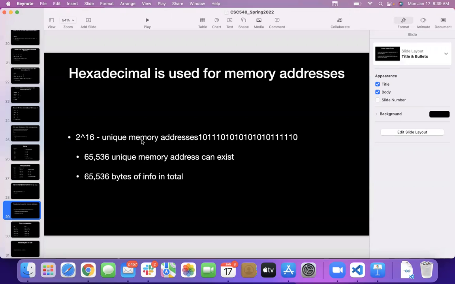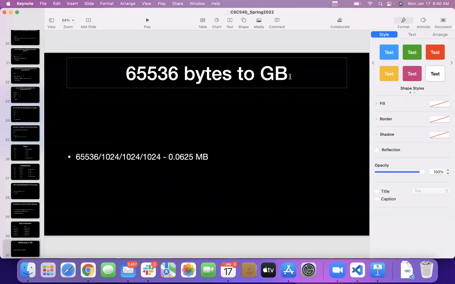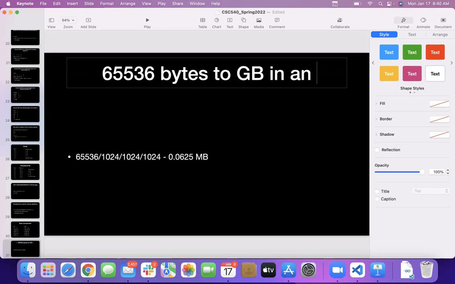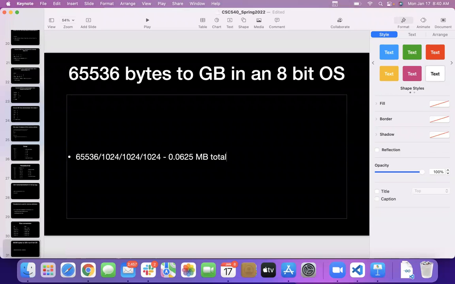All right. So with that in mind, we now need to decide how big each of those places is, to give us the ability to store more massive amounts of data. So maybe we say we're going to be a 64-bit operating system or a 32-bit operating system. This would be in an 8-bit operating system. That's what we would have. That would be total RAM.